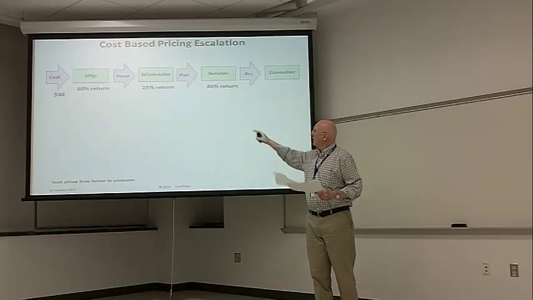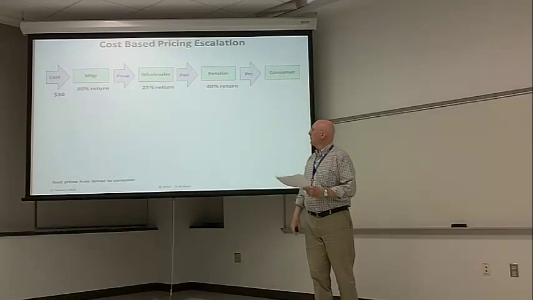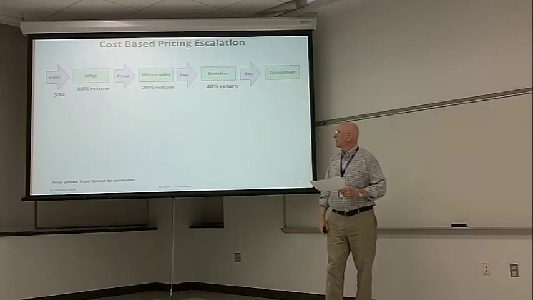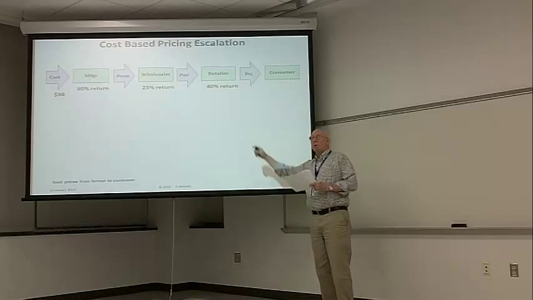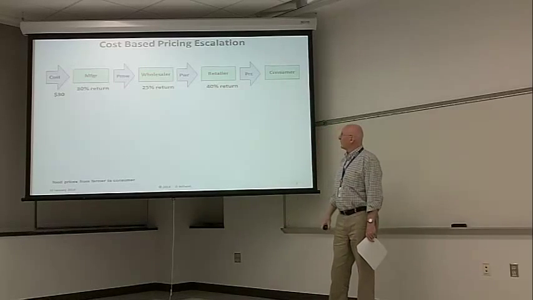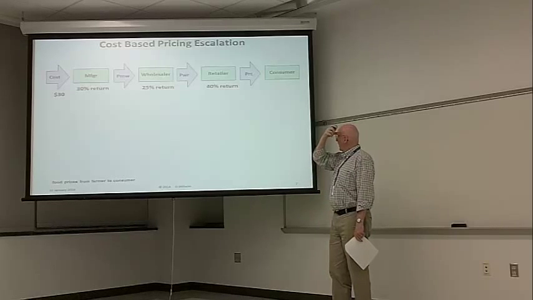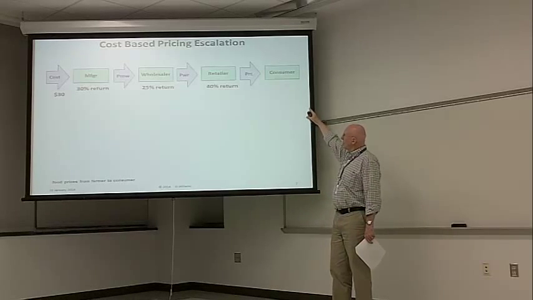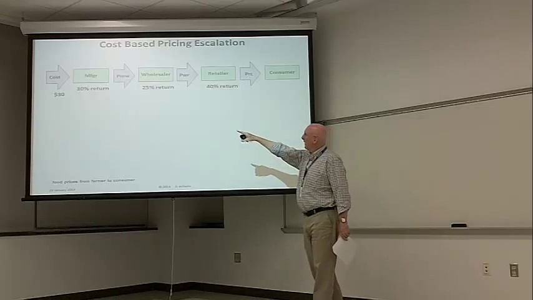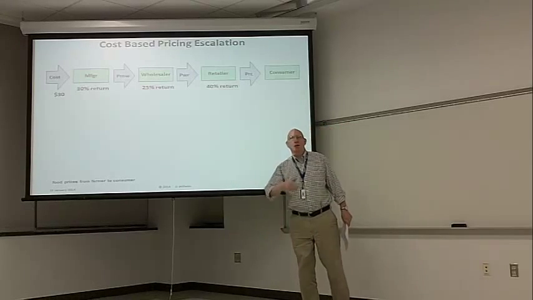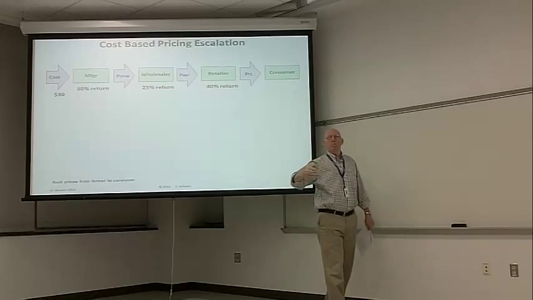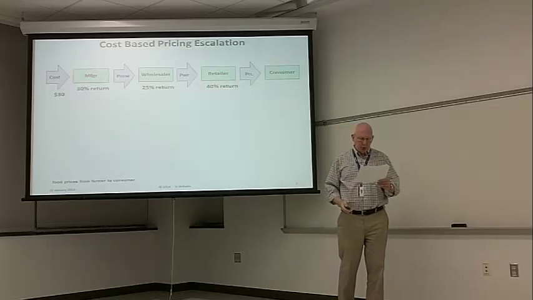From that, we can calculate the price from the manufacturer to the wholesaler. Wholesaler wants a 25% return, and the retailer wants a 40% return, and finally the consumer is going to pay quite a bit more than that $30 just because of all the services provided by the distribution channel.